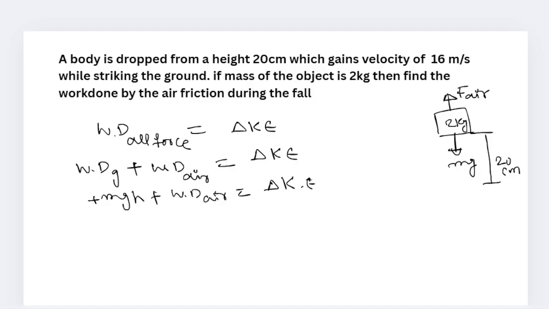You want to find the work done by the air. The mass of the object is 2 kg, gravitation we take as 10, so 2 into 10 is 20, times the height.